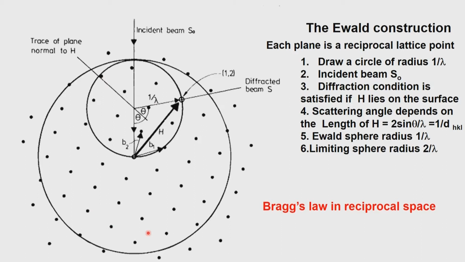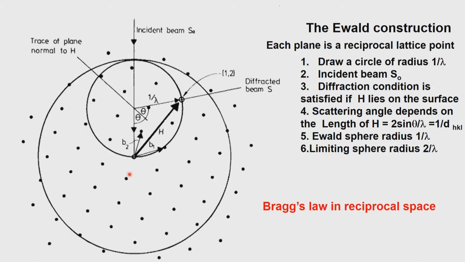Now, what is the limiting condition for that? The limiting condition is that 2 by lambda becomes the radius, and therefore, this circle which we have drawn outside, or the sphere which we can draw outside in 3 dimensions, is referred to as the limiting sphere. It has a radius of 2 divided by lambda, and this is now the limitation.